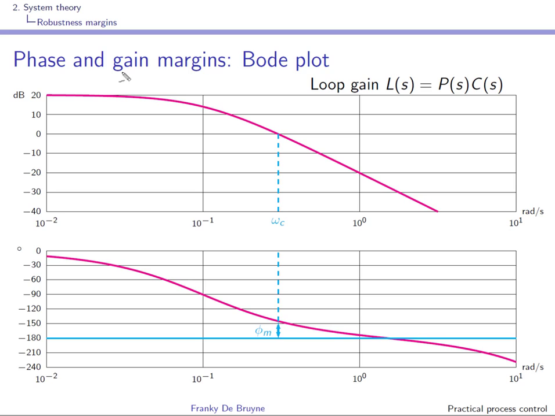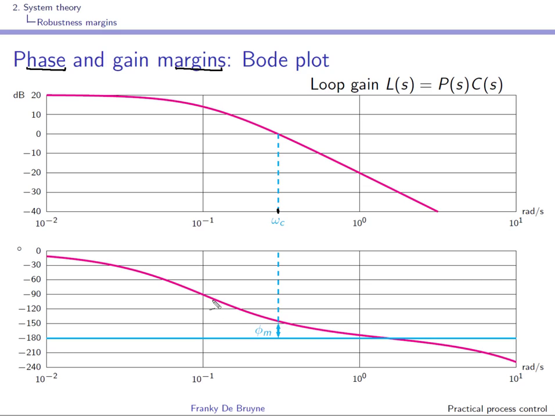Well, we can now have a look at the phase margin, and to obtain the phase margin, you have to isolate the frequency where the loop gain has unit gain, so where the loop gain is 0 dB, and this is at this frequency here, ω_c, and this is called the gain crossover frequency, or simply the crossover frequency. If we now look at the phase shift at this frequency ω_c, this phase shift should be higher than minus 180 degrees. There should be some margin over here, and here this is the case.